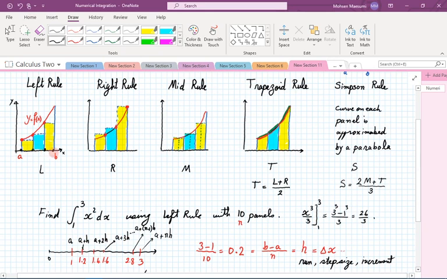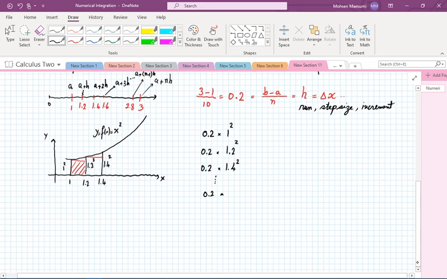So if you have point B, you have to go to the point right before that. So instead of a plus nh, you have to go to a plus n minus 1 h, or point 2.8. 2.8 is the last rectangle you're building. So here, this was the area of the first, this was the area of the second, and so on.